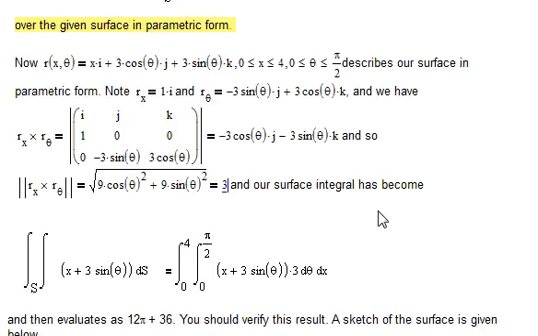And so x was already the way it was, so x plus 3 sine theta times 3 that we just calculated from the length of that vector, d theta dx.